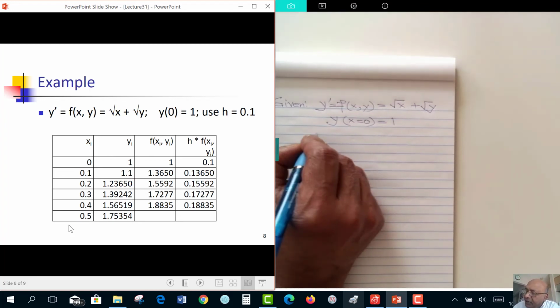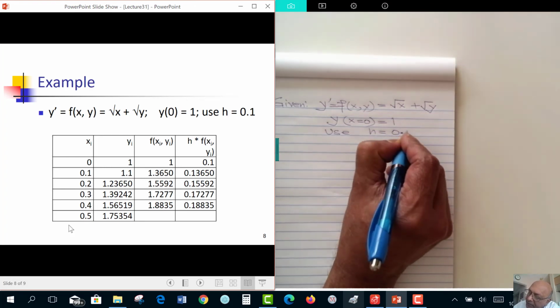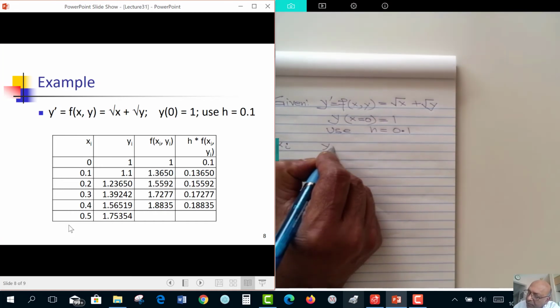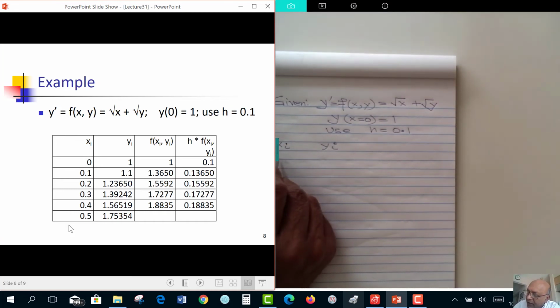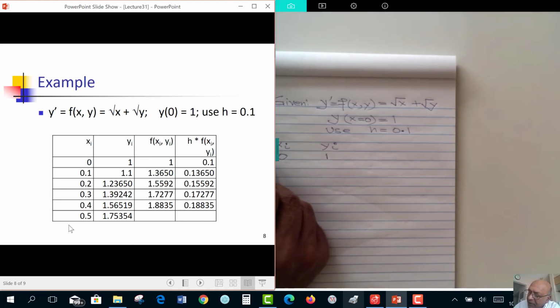So that's our initial condition. We are told to use h of 0.1. So we make a table. So at x equal to 0, y is 1. In our table, we are going to space x 0.1 apart.